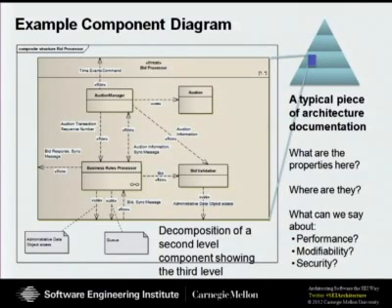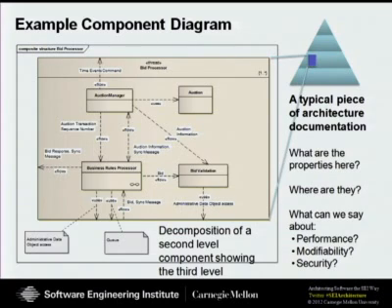This is a little piece. So it is a decomposition of a second level component into the third level. So a little piece of it. And you see a structure here, you see some boxes, and you see some lines here. They even have labels, and a notation is chosen. That's UML, what you see here. Great.